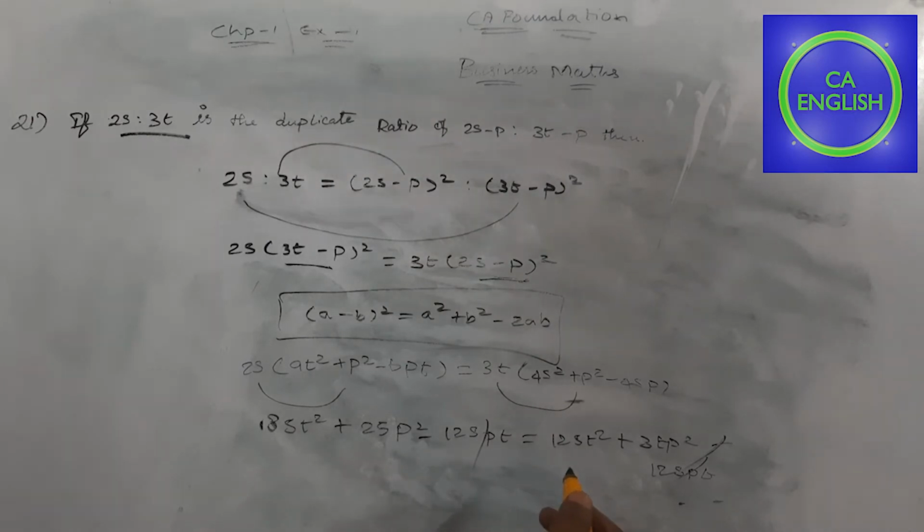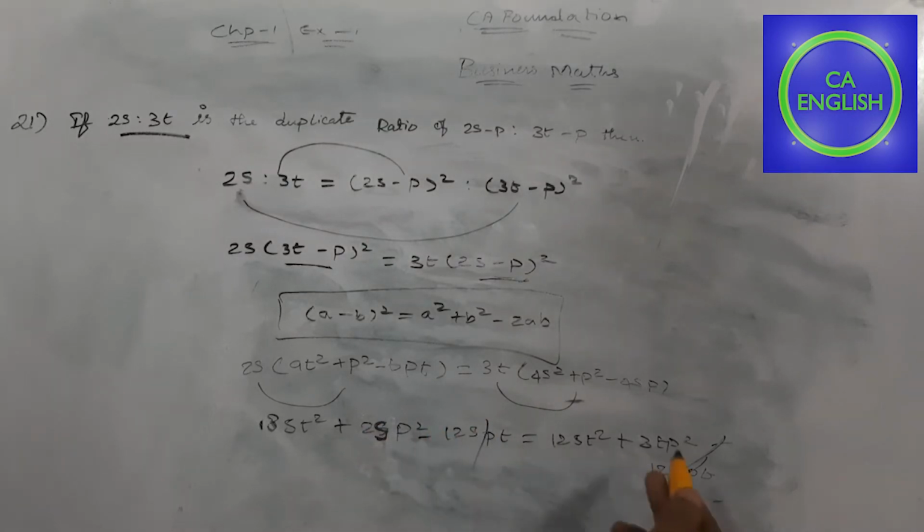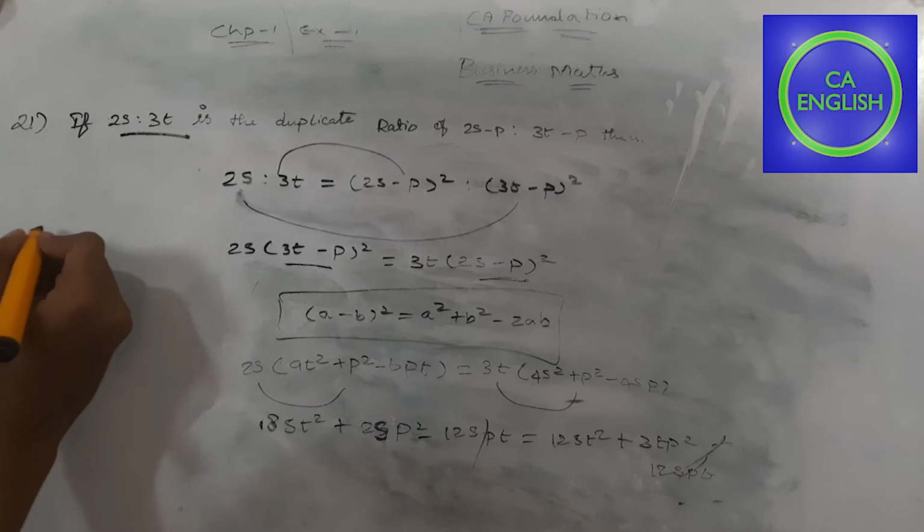Yes, we can bring both on one side. And 2s p square and 3t p square are almost the same, so we can bring both to the same sides.